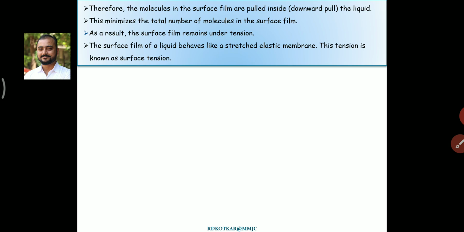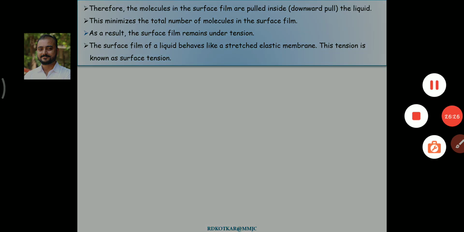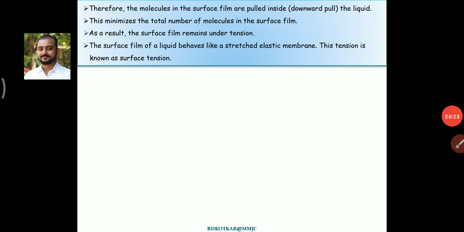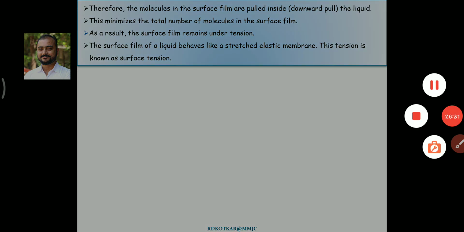As a result, the surface of the liquid gets stretched and is under tension, behaving like an elastic membrane. This phenomenon occurs only in the surface film, not deep inside the liquid, and so it is called surface tension. So this is about the molecular behavior of liquid molecules.